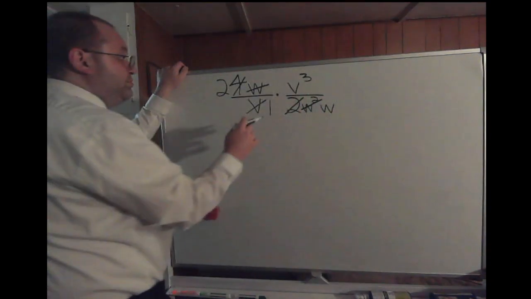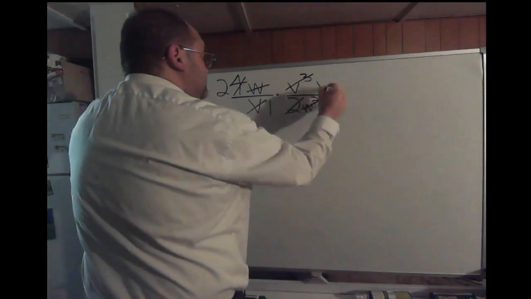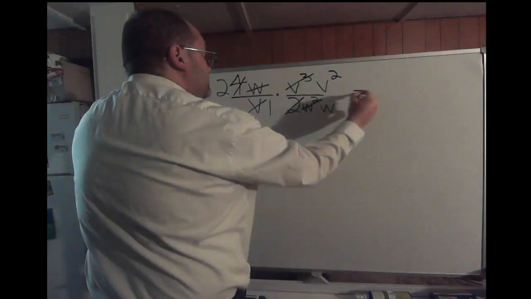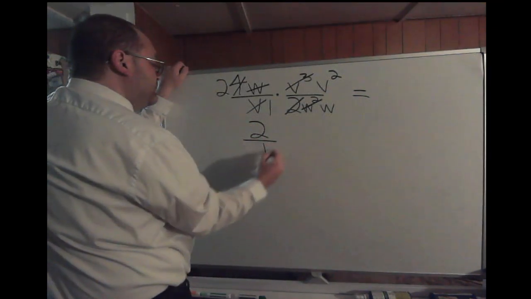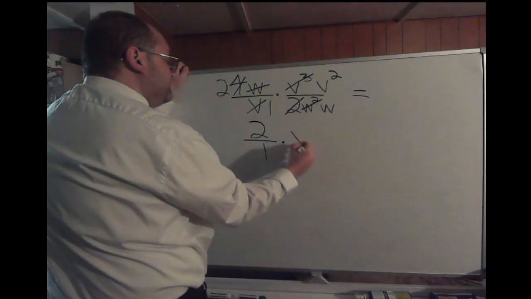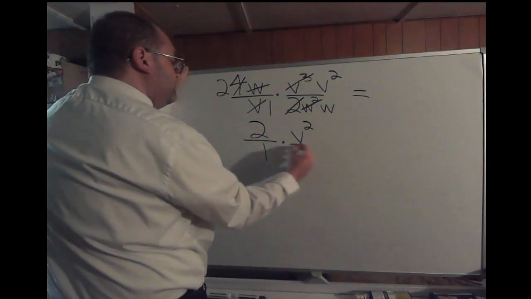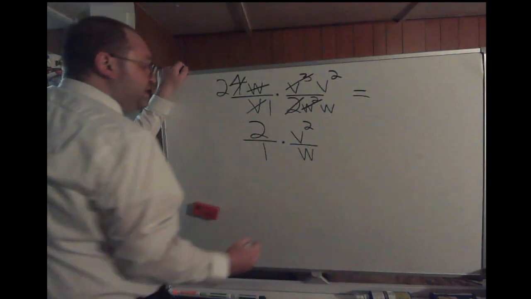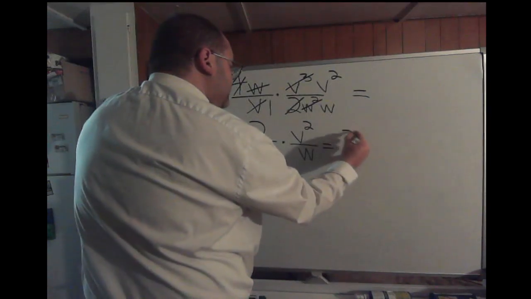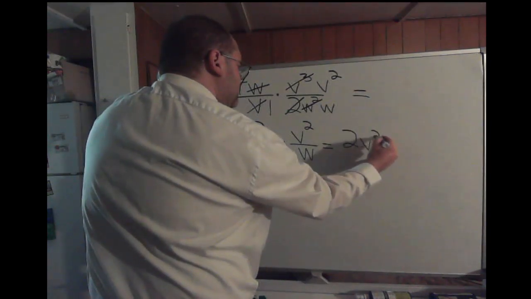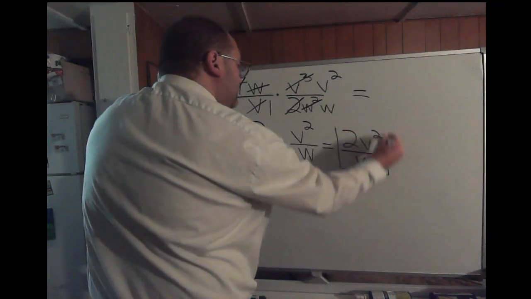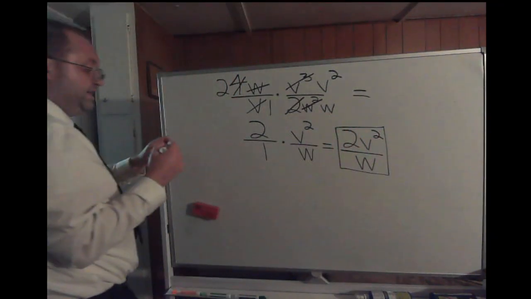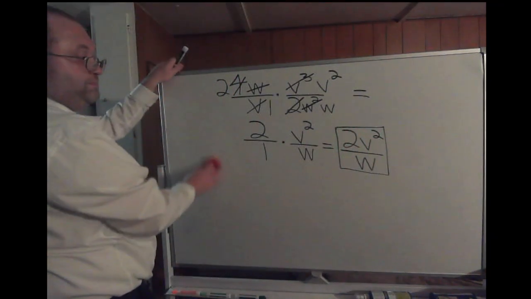Divide v to the third by v, you get v to the second. So what you're left with now is 2 over 1 times v to the second over w. If you multiply this, you'll get 2v to the second all over w. And that would be your answer, 2v to the second over w.